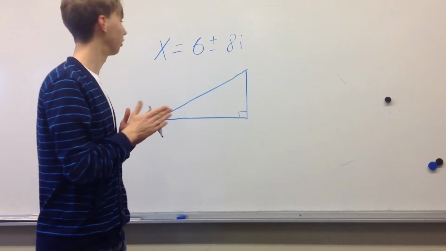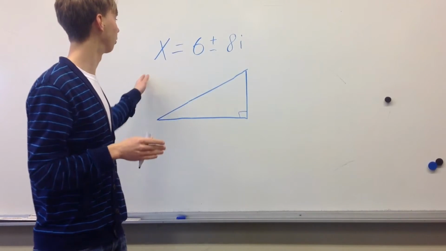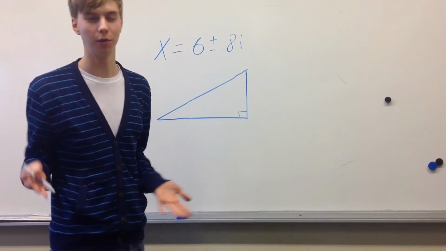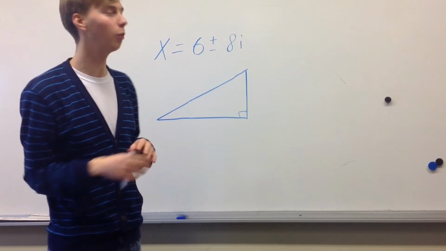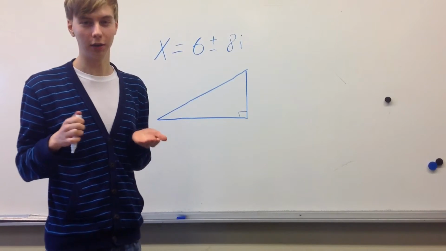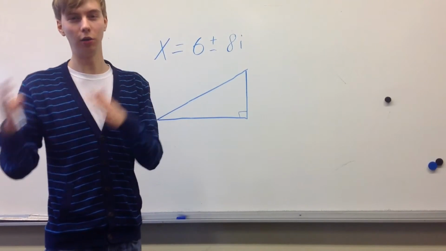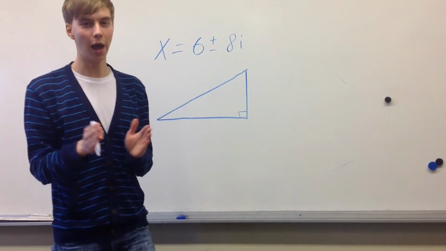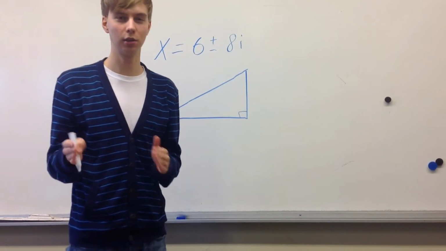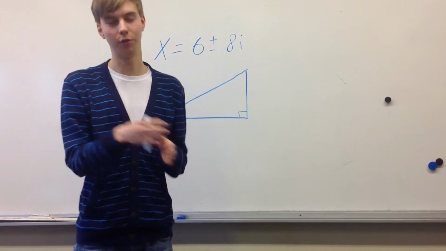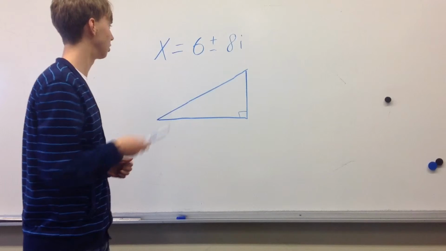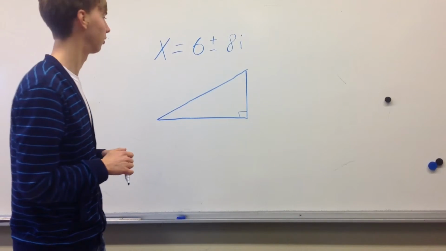If you continue on our last problem that we solved, we got the answer 6 plus minus 8i, and this is the answer in rectangular form. Now, if one would like to have the answer in polar form, you would have to convert it. If you remember, polar form is the angle against the x-axis combined with the length of the vector. It's very simple to convert between these two forms of expressing a complex number.